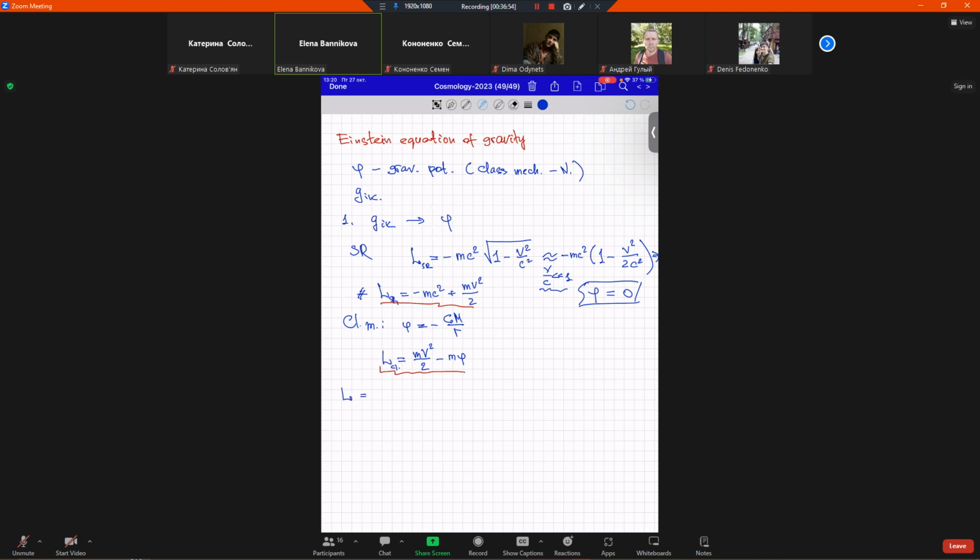We will keep this minus mc squared, and as soon as we have the speed of light, we immediately understand that we are working with a relativistic case. This is special relativity or general relativity. In classical mechanics, we don't have the speed of light in the general equation. So we need to keep the kinetic part, which is here and here.